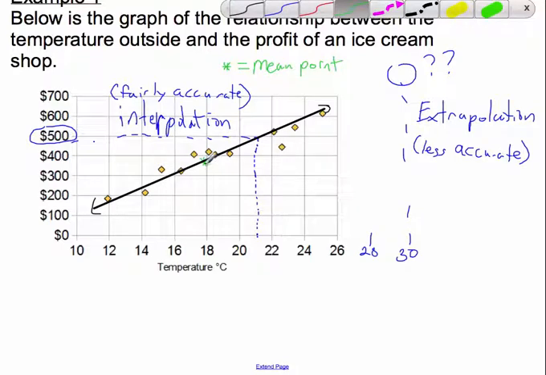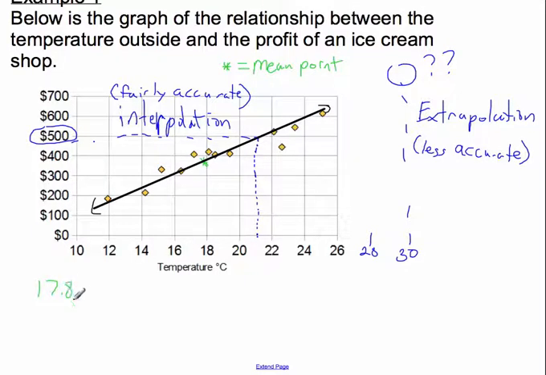So let's find the equation of the line. Our mean point here looks like about 18, and that's about 370 maybe. Not quite 18, it's 17.8. So I'm going to say 17.8 and 370 is our mean point.